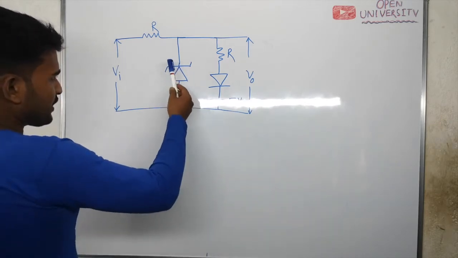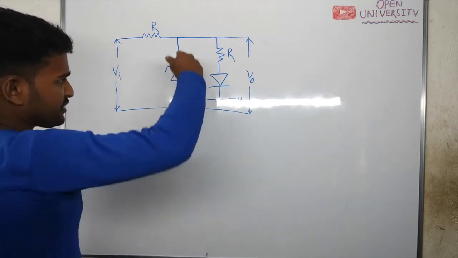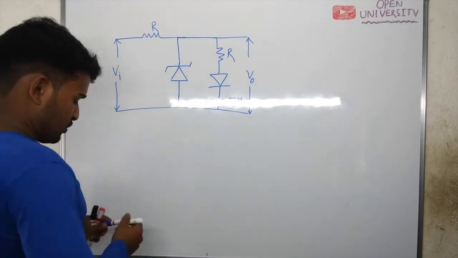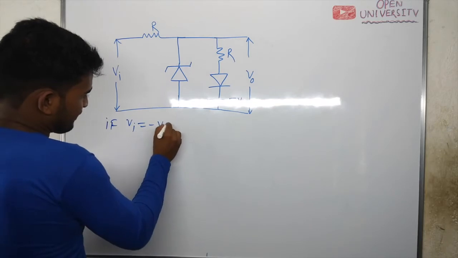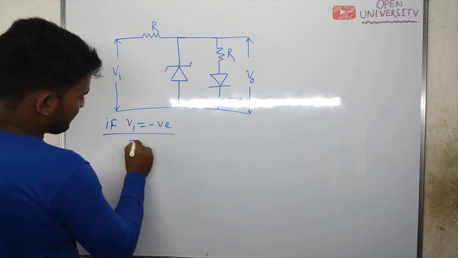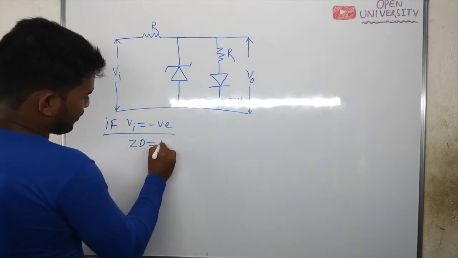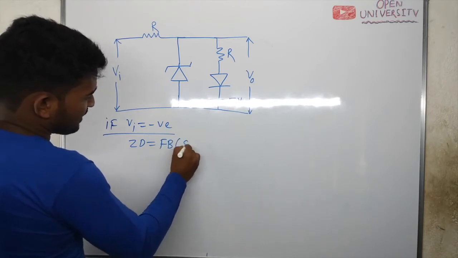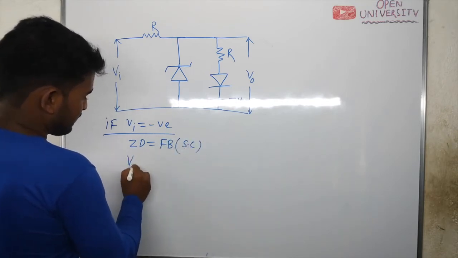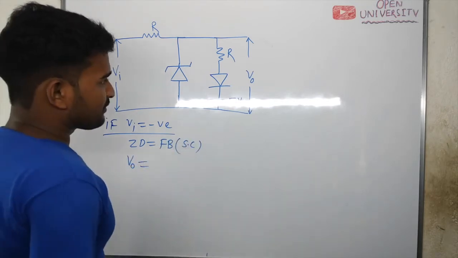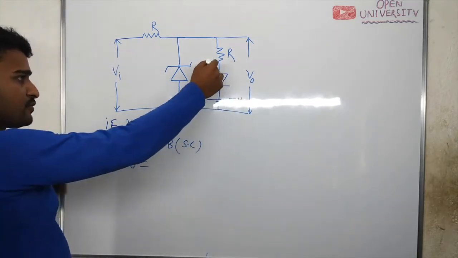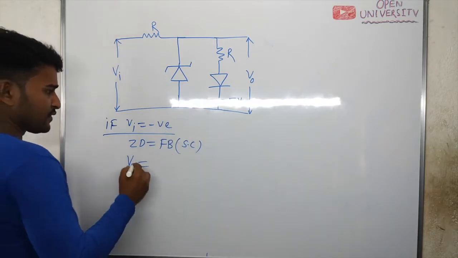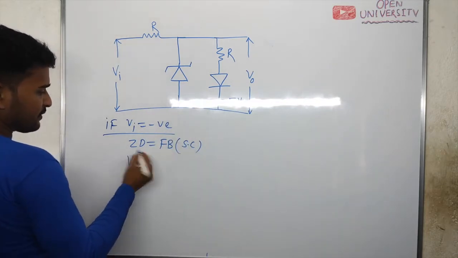Now, if your input Vi is negative, then Zener diode becomes forward biased, and it will be replaced with short circuit. What about normal diode? Normal diode will be reverse biased because Vi is negative.